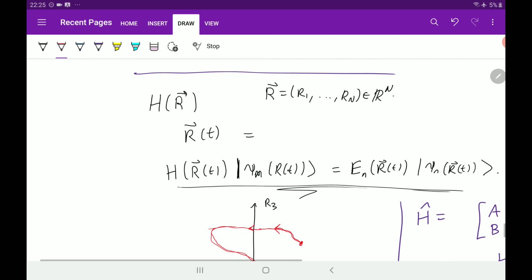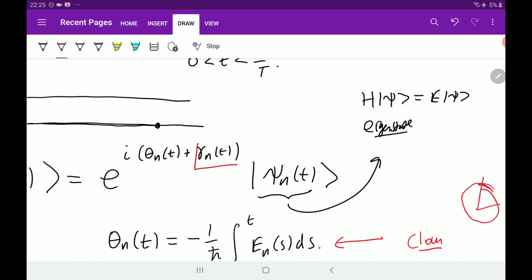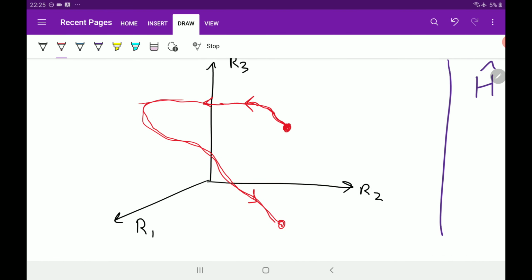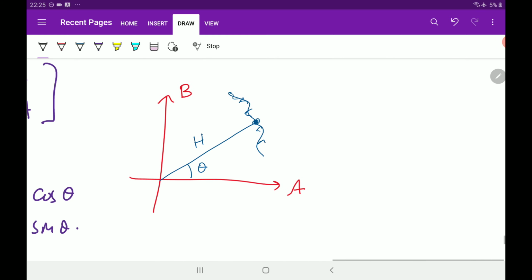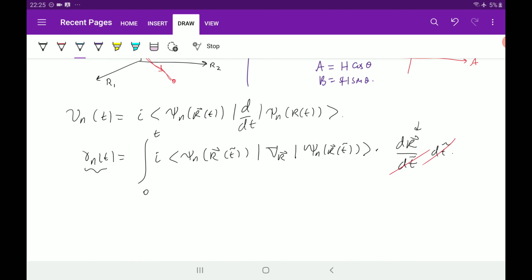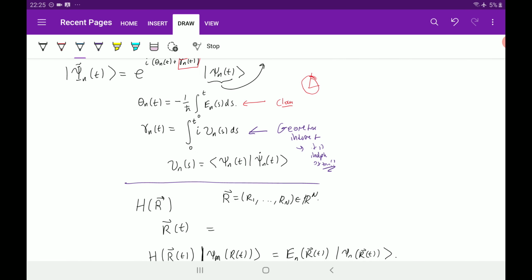This geometric phase that you pick up, gamma n of t, only depends on the path you take in the space of parameters. So if we were here, you'd be calculating just a line integral going from this point to this point, for example. So that's essentially why gamma is nothing but a geometric phase. Okay, that's where I'll stop.